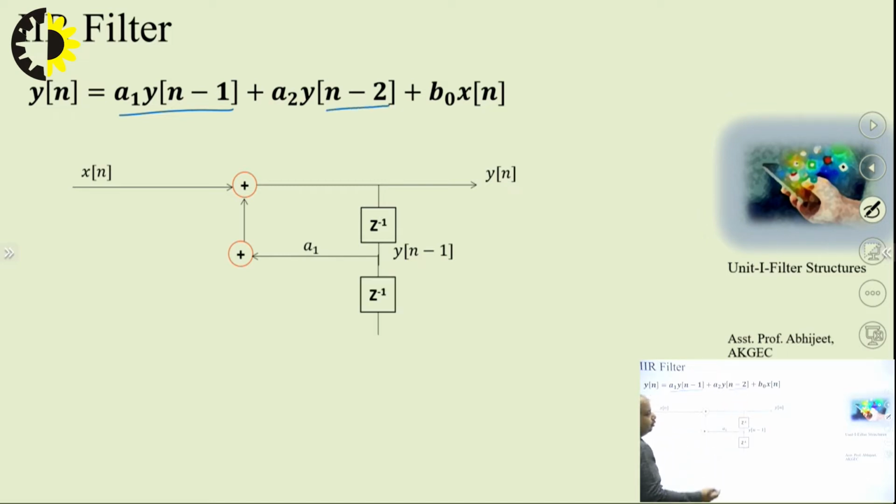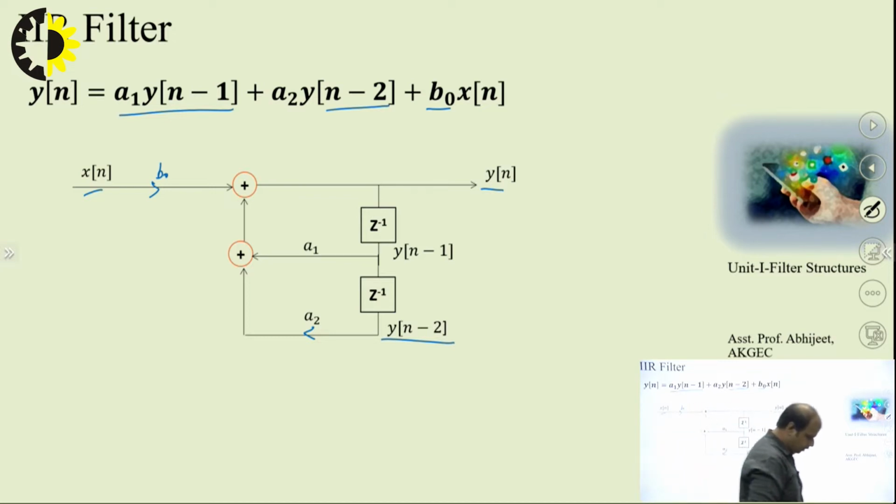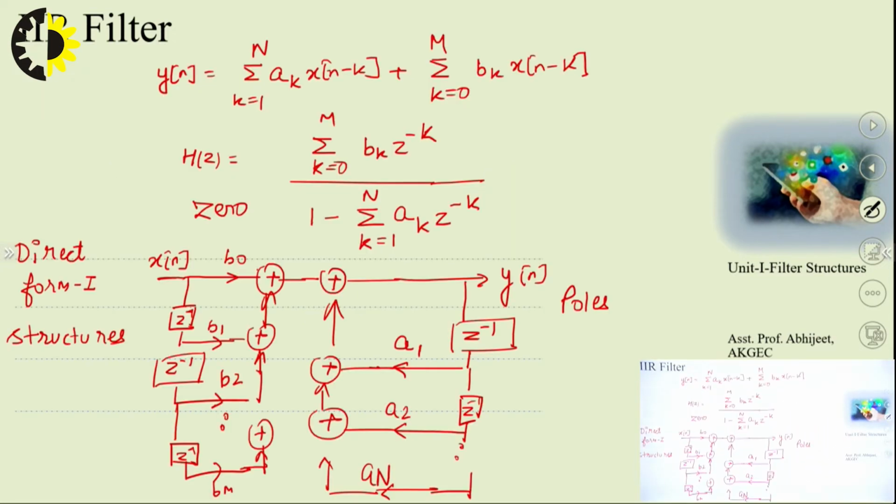For that we will require another delay component, z inverse, to get y of n minus 2, then scale it by a2 and add it. This is the representation of this difference equation. Remember that the input is multiplied by b naught, so we need to multiply the input by b naught.